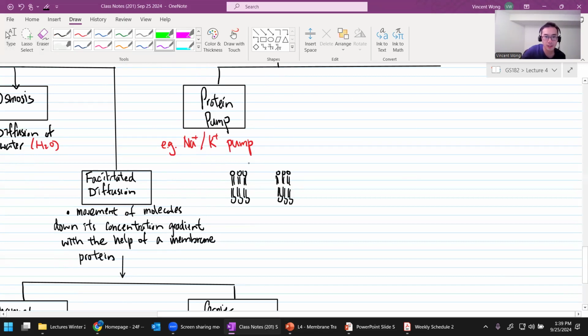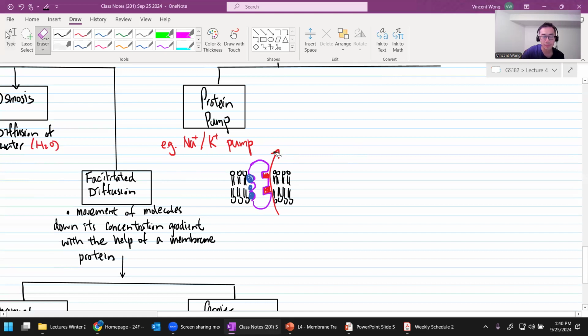And we have the sodium-potassium pump here. It will have slots for potassium. So there are 3 potassiums here. And then it will have slots for sodium. And this is what happens. It will eject the sodium.